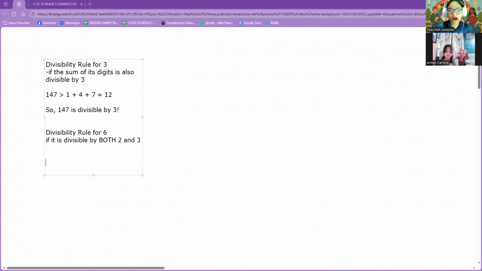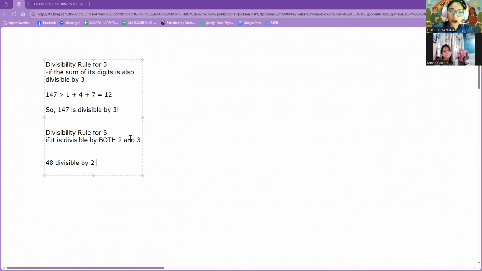For example, 48. Is this divisible by 6? And why is that? Is it because it's an even number? The last digit is even, so it is divisible by 2.